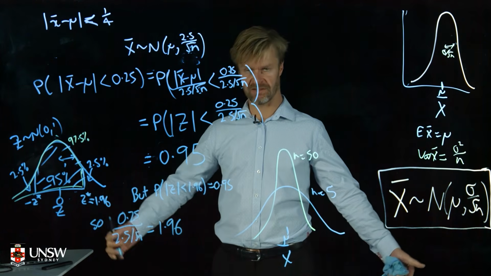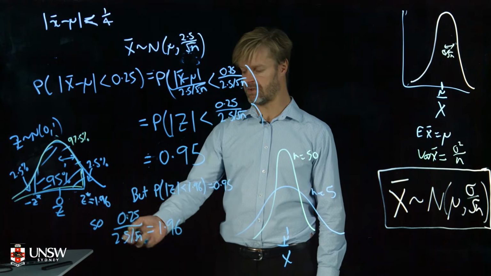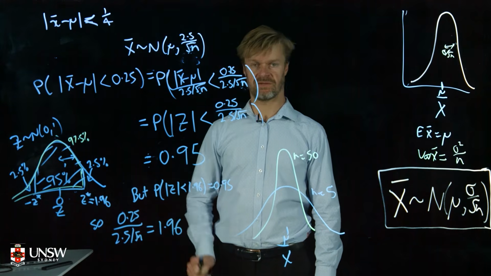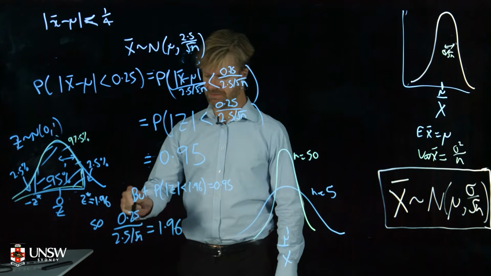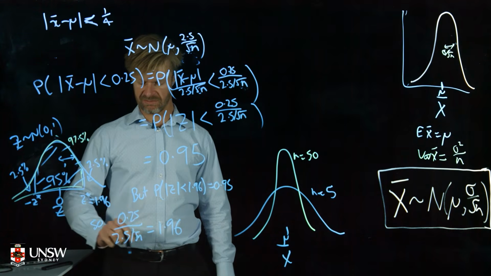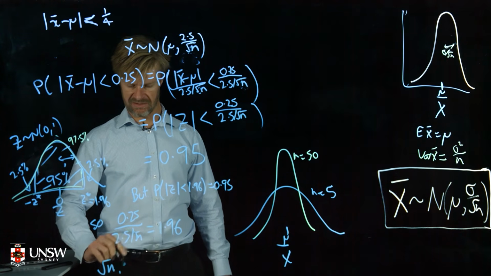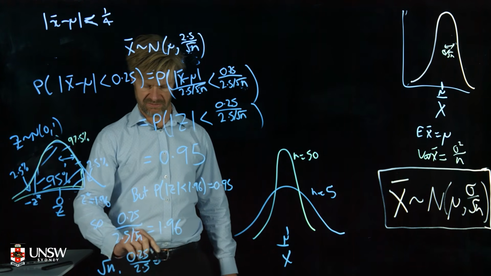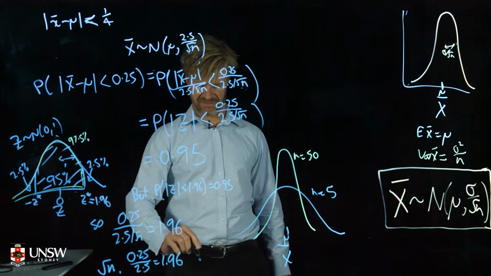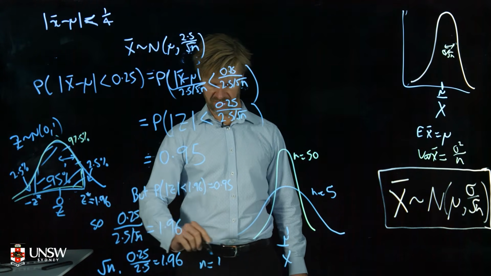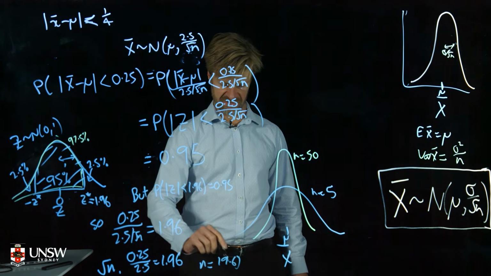We just solve for n now, don't we? We've got an expression where everything's known except for n. So this is like root n times 0.25 over 2.5 is equal to 1.96. So n is equal to 10 times 1.96, it's going to end up being 19.6 squared.